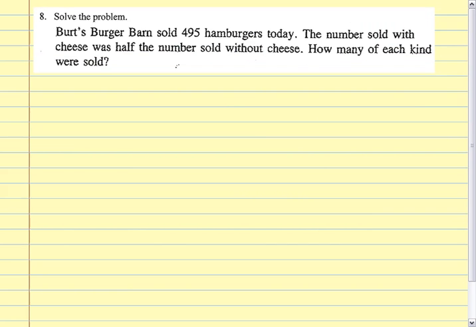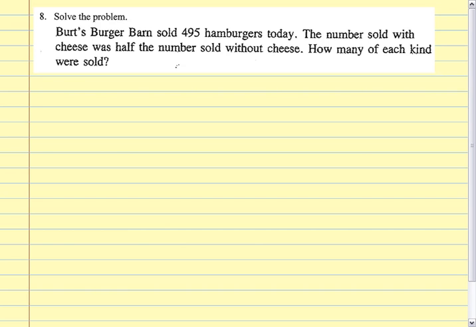All right. Number 8. Solve the problem. Bert's Burger Barn sold 495 hamburgers today. The number sold with cheese was half the number sold without cheese. How many of each kind were sold? Okay. Well, we've been solving equations.